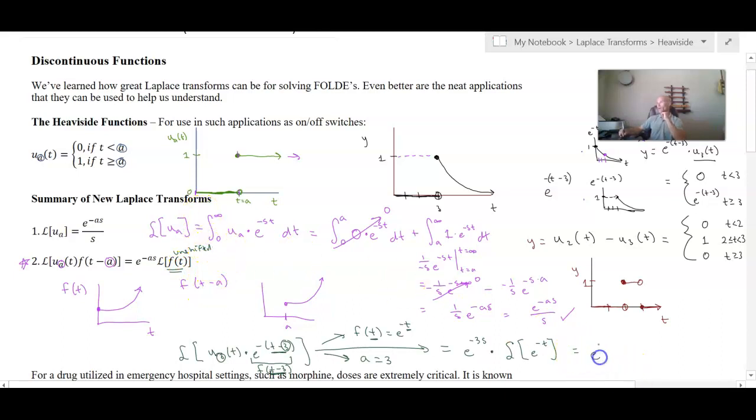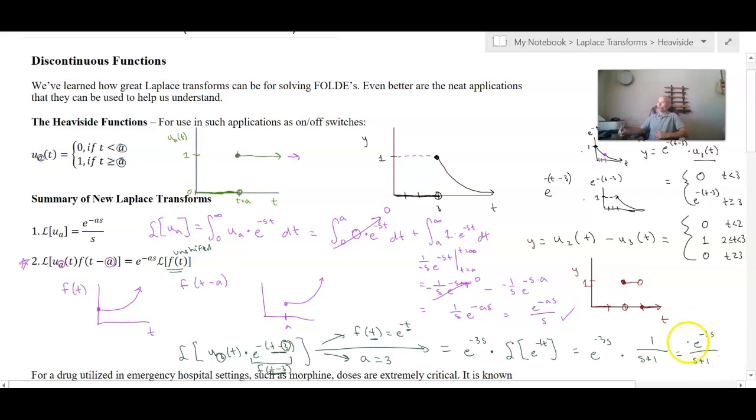Now I know that the Laplace of e to the at is 1 over s minus a. So 1 over s minus, this is a negative 1 here, so minus negative 1, which is s plus 1. And there is our Laplace transform. You can write it as e to the negative 3s over s plus 1.